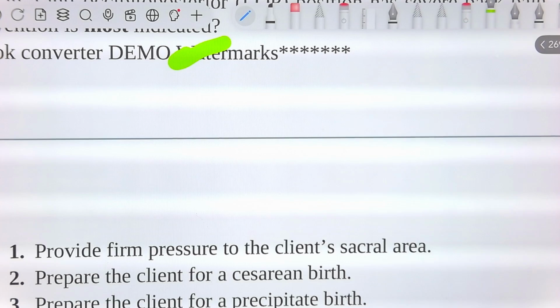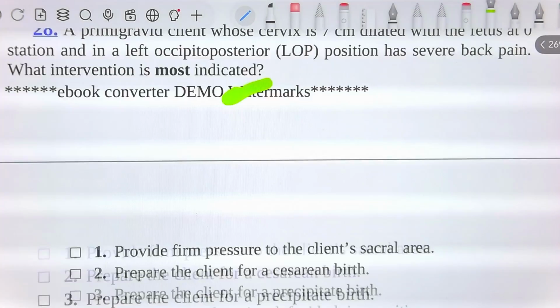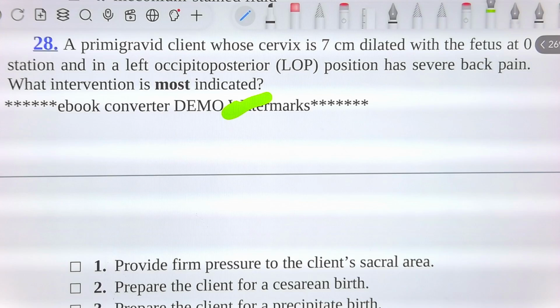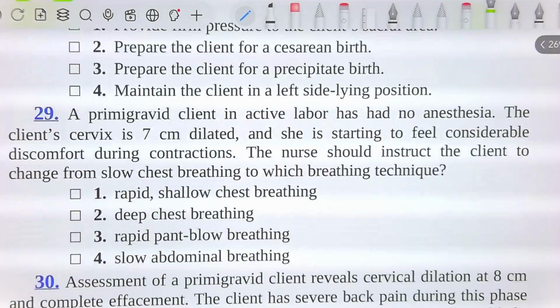What can be the right one? So answer number 1 will be the correct one. Provide firm pressure to the client's sacral area, because in left occipito posterior position there is back pain, as the baby's head can put pressure on the sacrum. So to relieve pain, we will give firm pressure on the sacral area.